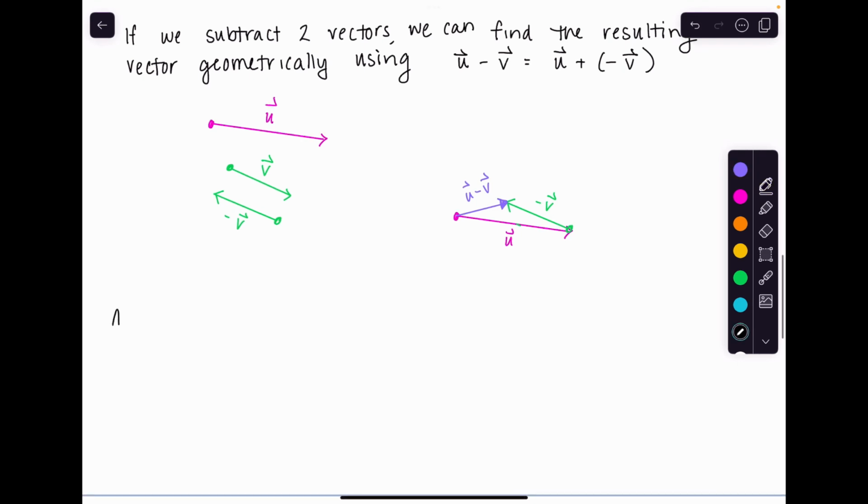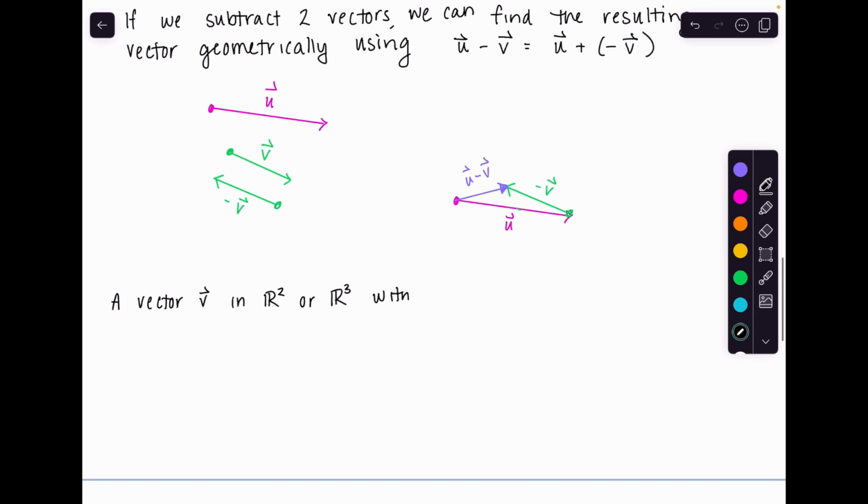A vector v in R2 or R3, and again, that just means two-dimensional plane or three-dimensional space, with initial point at the origin is called a position vector.